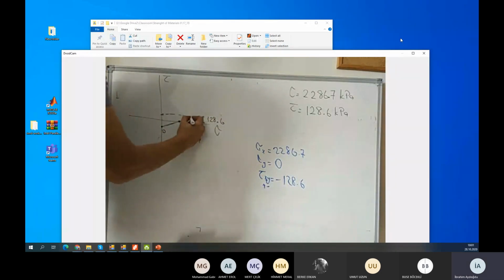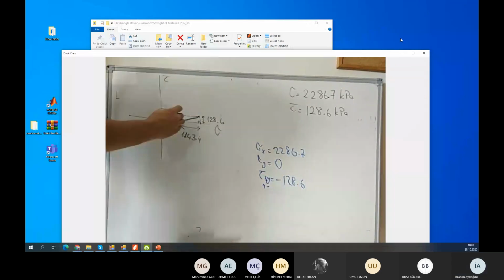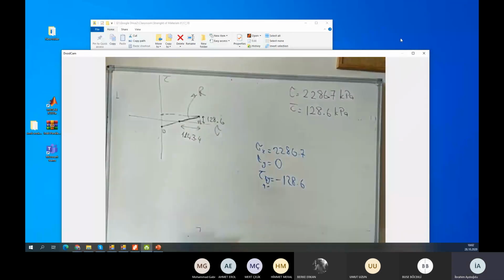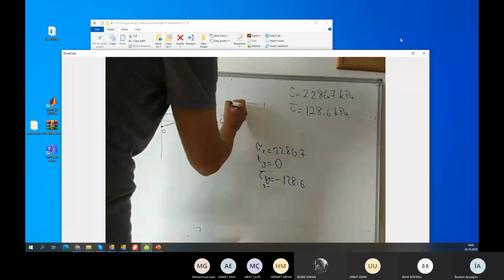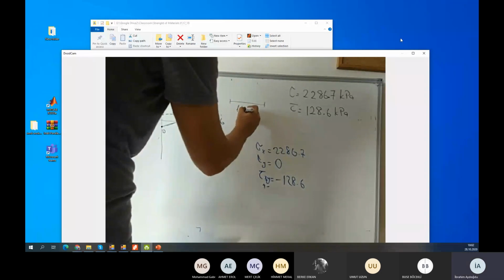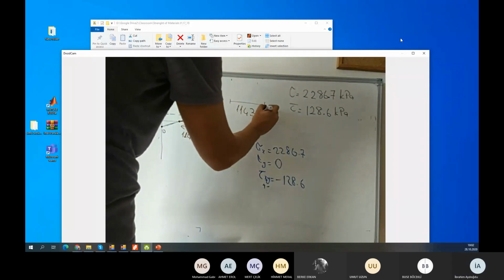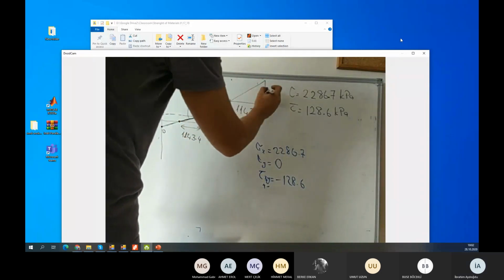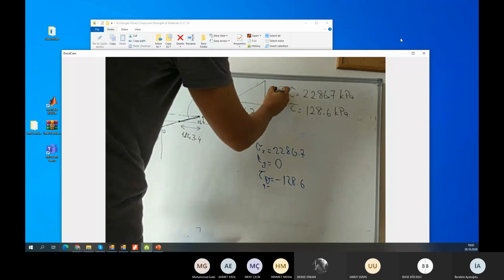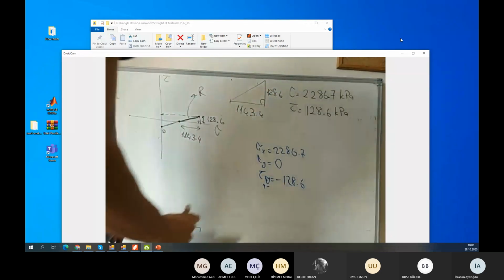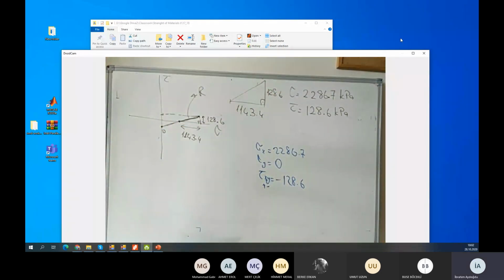Can I calculate this length? Half. Bunu hesaplayabilir miyim arkadaşlar? Silence again. Which theorem do I need to use?